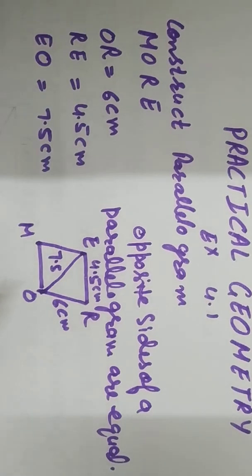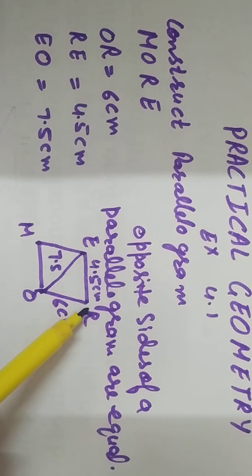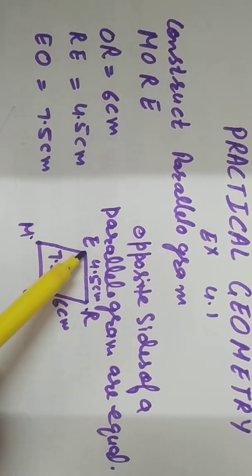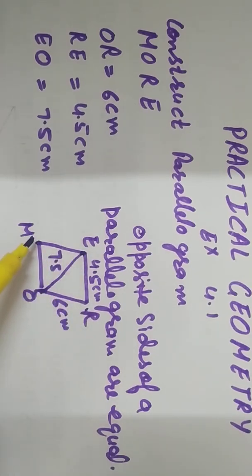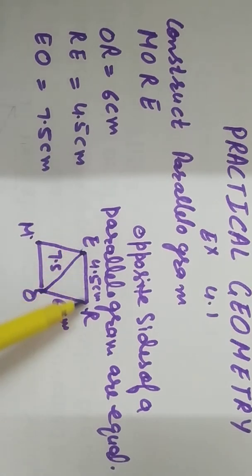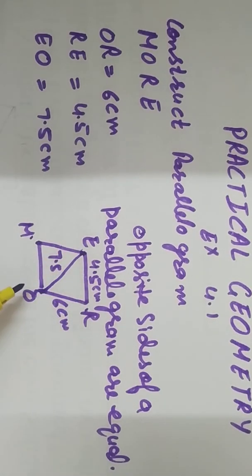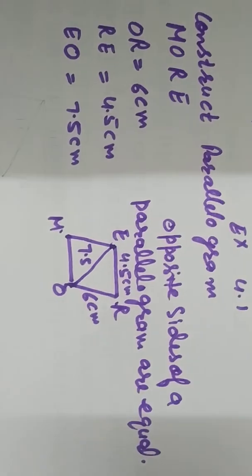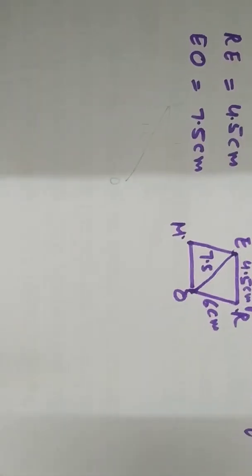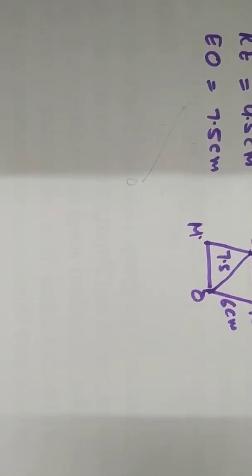You know that opposite sides of a parallelogram are equal. So if OR is 6 centimeter, then ME should also be equal to 6 centimeters. Similarly, ER and MO are also equal, so they are also of 4.5 centimeter length. So now let us start this parallelogram.